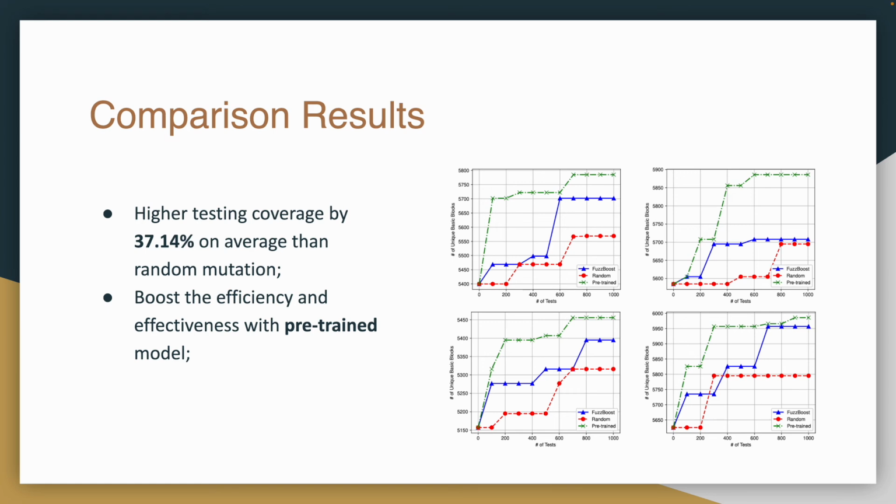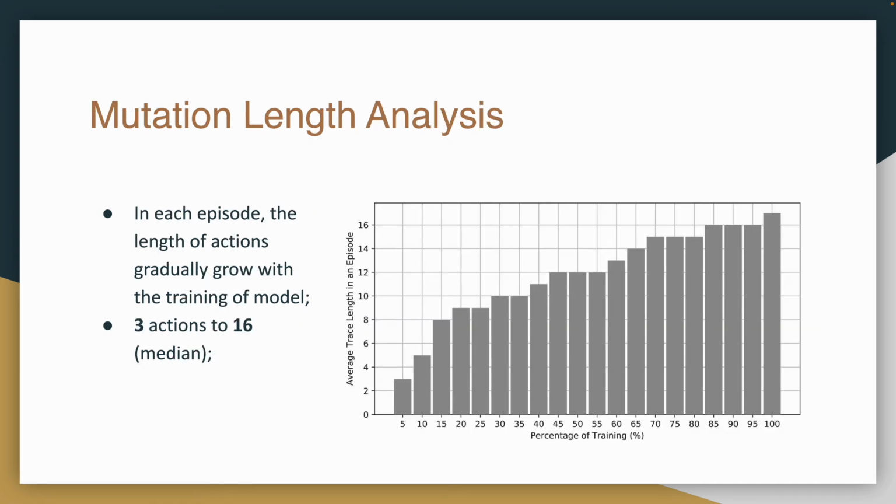In addition, as the training goes on, the pre-trained model can find useful actions in the mutation space more quickly and generate programs faster with high testing coverage. In our design, we hard-code a limit on the length of mutation traces from the computation cost point of view.